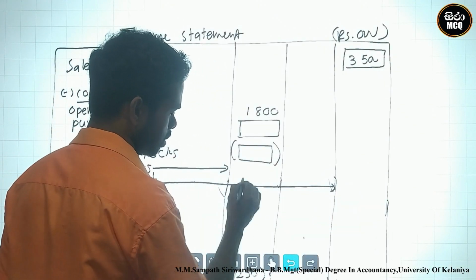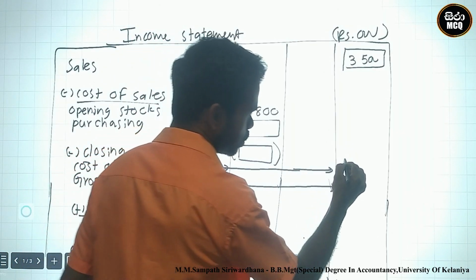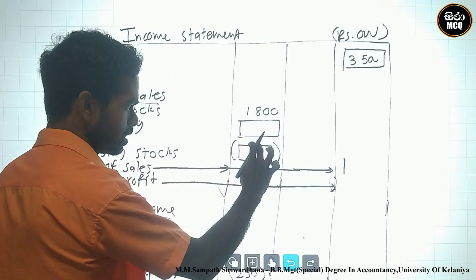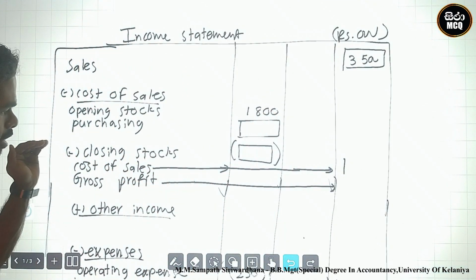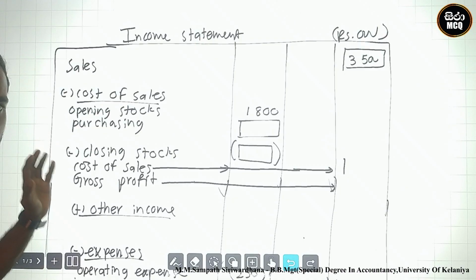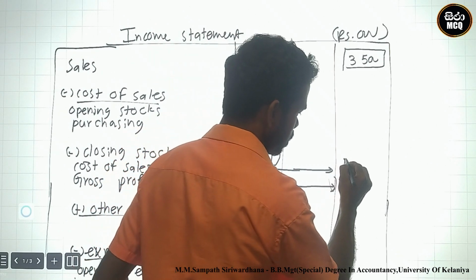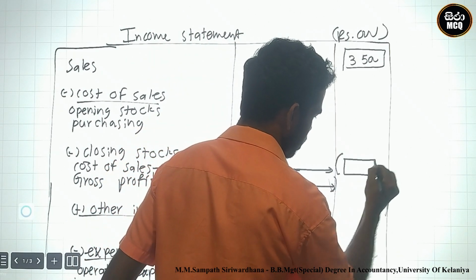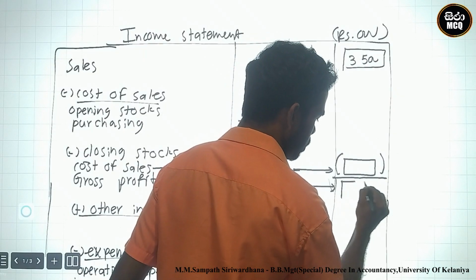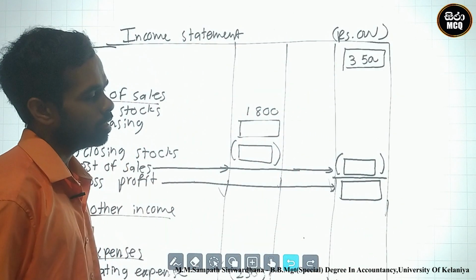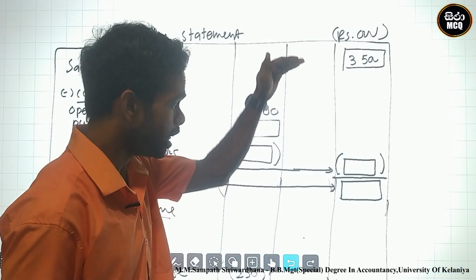The cost of sales is calculated as opening inventory plus purchases minus closing stock. After deducting the cost of sales, we can find the gross profit.